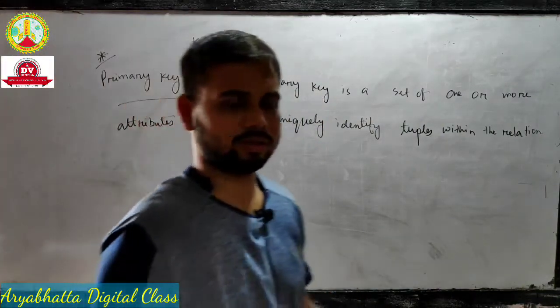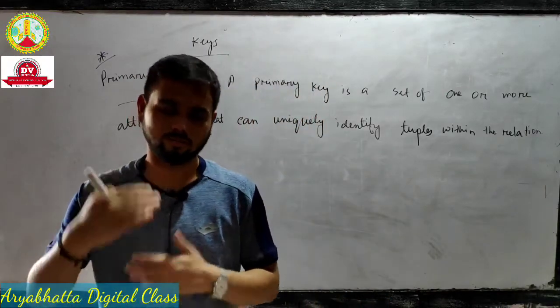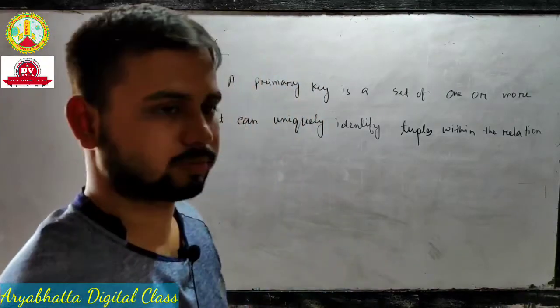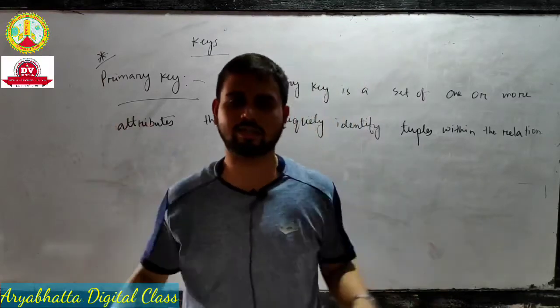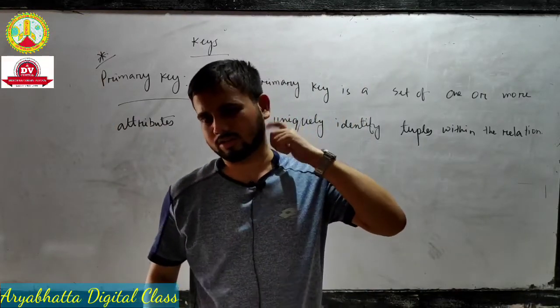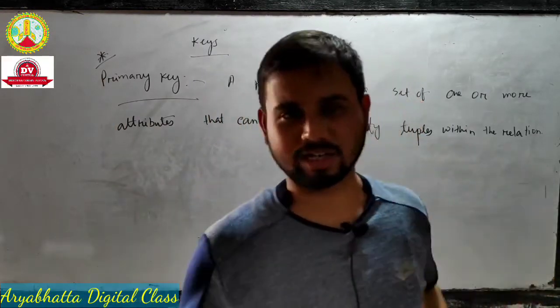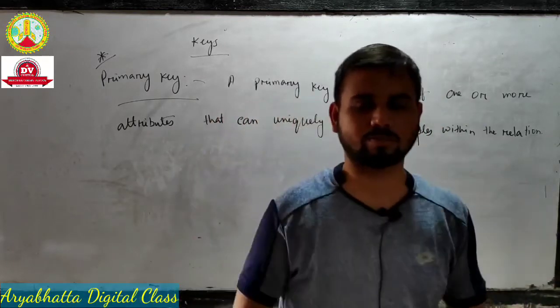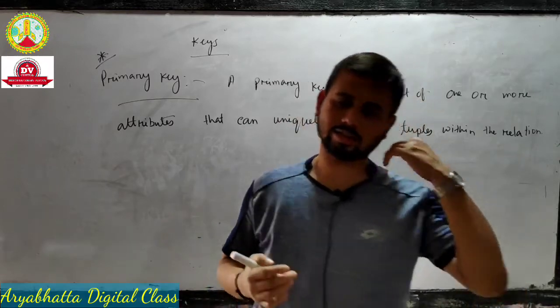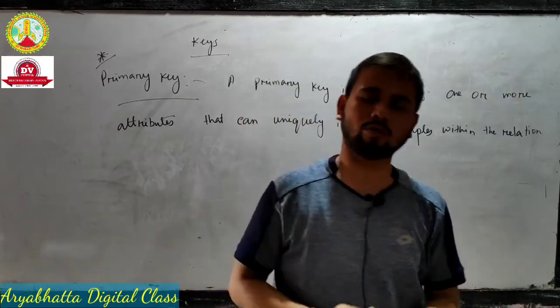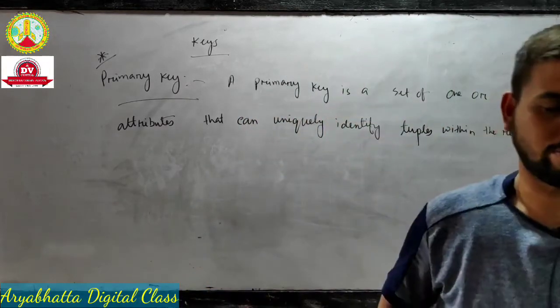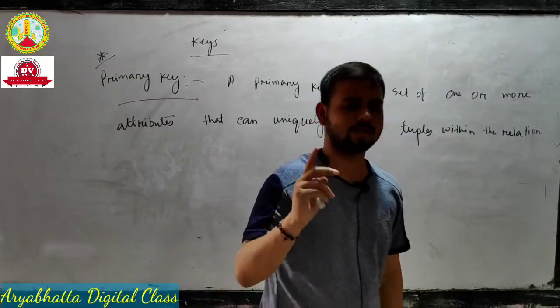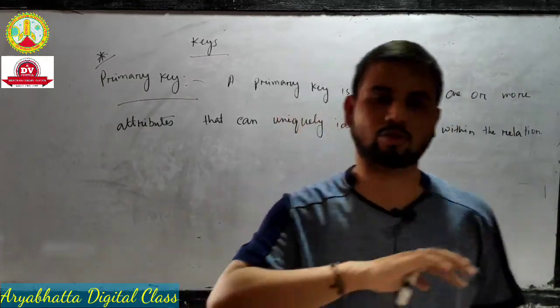In a table there may be more than one primary key. In an ER diagram, which you will approach in future, ER meaning entity relationship diagram, in a big table, such as in a project, there may be more than one primary key, because one primary key is not enough to access the whole table.